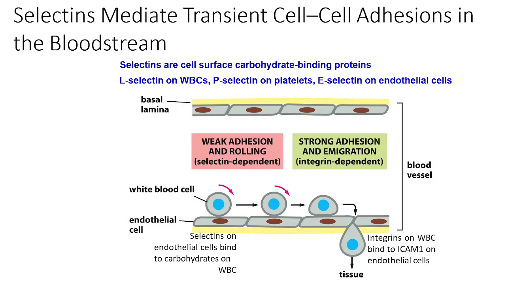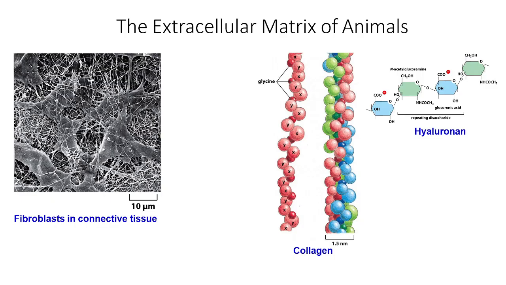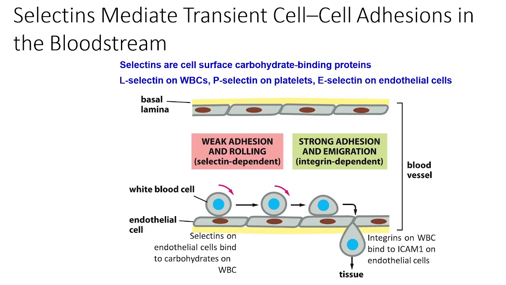The other part of it belongs to the selectins. In the bloodstream, cells need transient adhesions, so selectins play a role here. They are cell surface carbohydrate-binding proteins that mediate such short-lived interactions. L-selectin is found on the leukocytes, P-selectin on the platelets, and E-selectin on the endothelial cells.